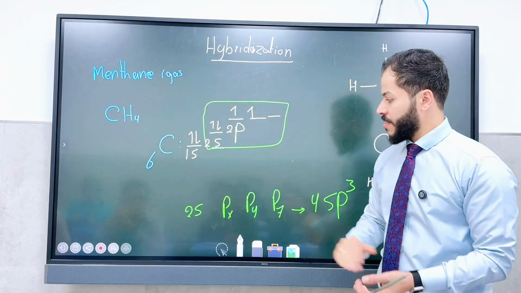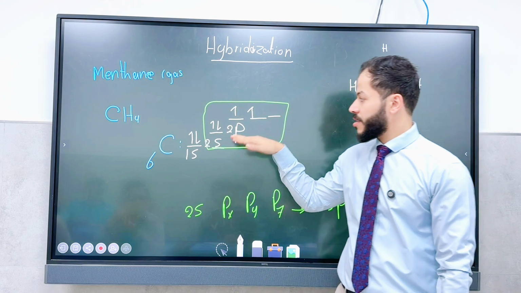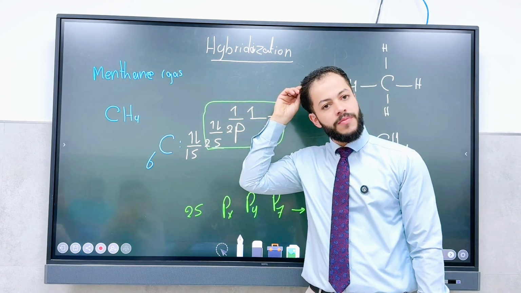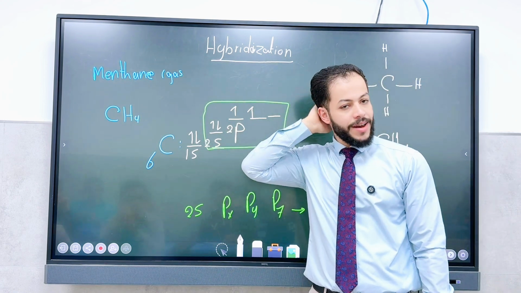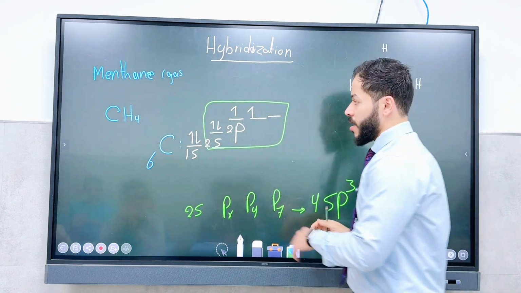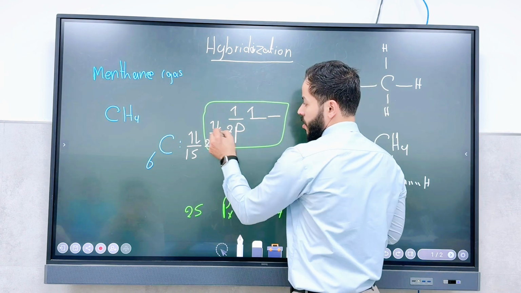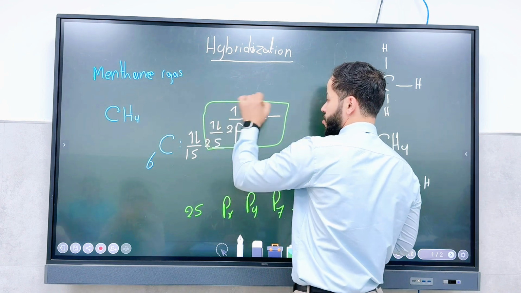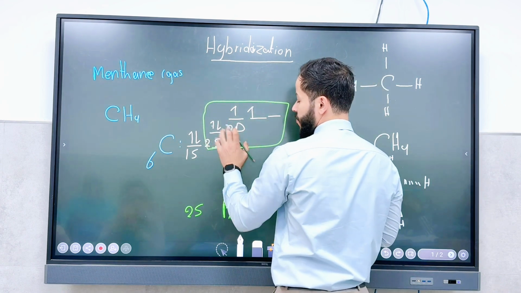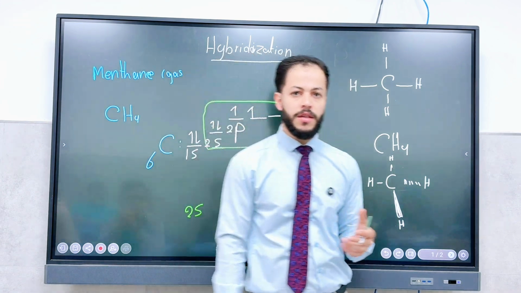If we get back here to the carbon, how did that happen? First, the hybridized orbitals have equal energy. But here, are the s and p equal in energy? Which one has the higher energy? The p orbital is higher than the s. So first, something happens within the atom: the electron in the s orbital jumps up to the p orbital after the atom is excited. When the atom becomes excited, what happens to the electrons, guys?